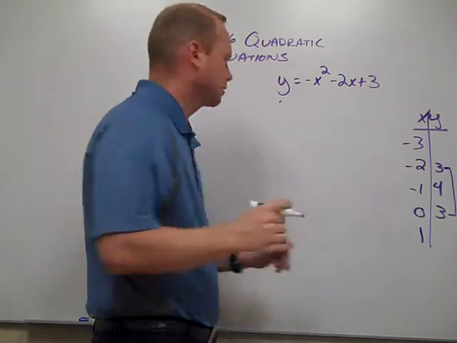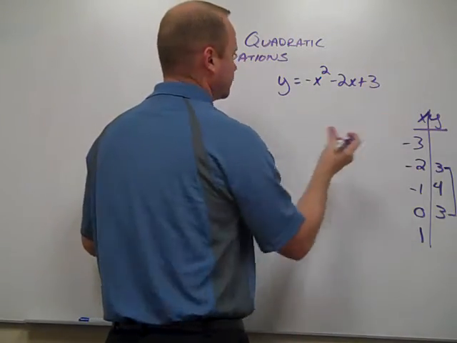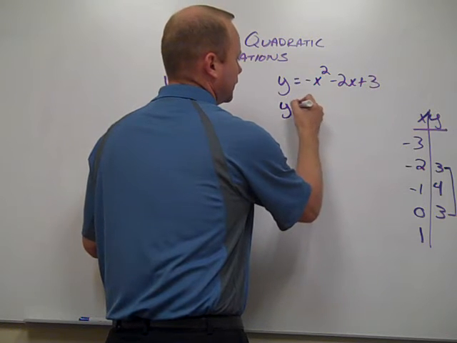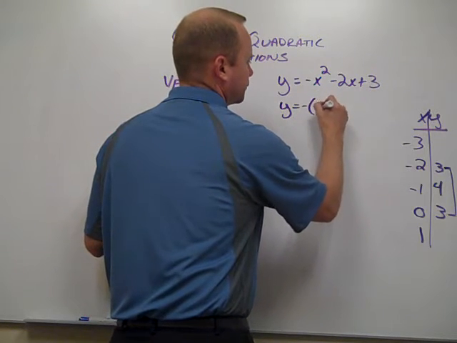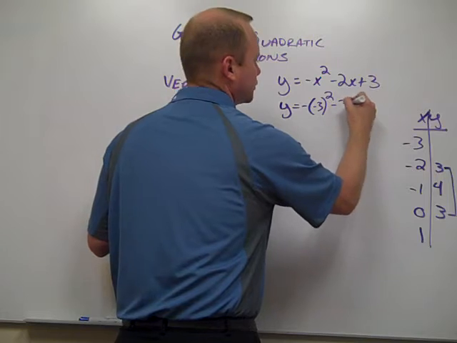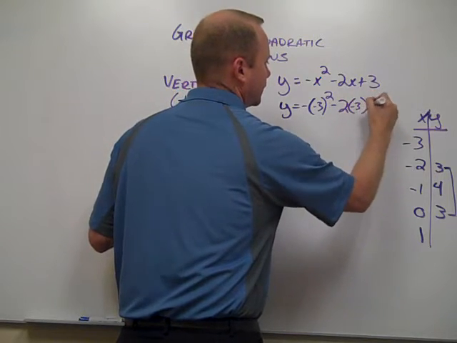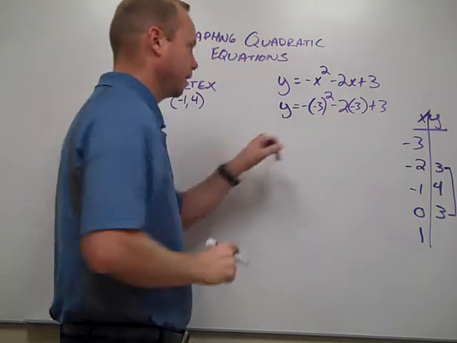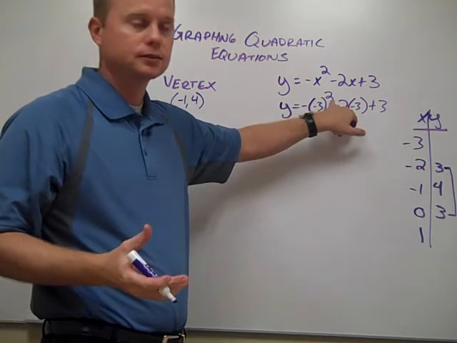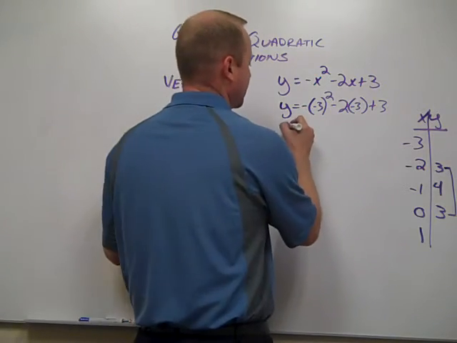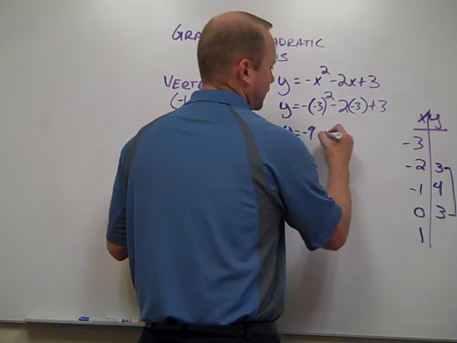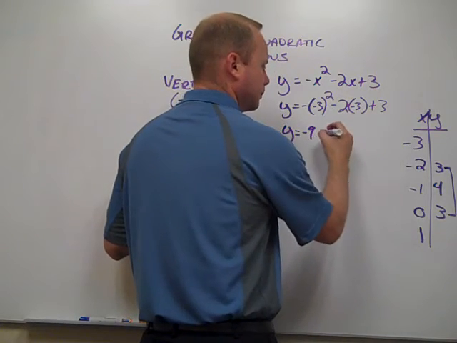And let's just do 1. Seems like an easier one to me. Let's do negative 3. Won't hurt us, I guess. Y equals negative 3 squared minus 2 times negative 3 plus 3. Okay, now in this one, negative 3 squared is 9. Times a negative gives me a negative 9. Y equals negative 9. Negative 2 times negative 3 is a positive 6.